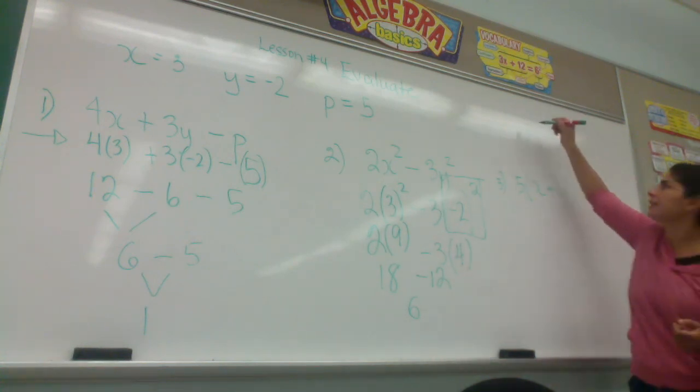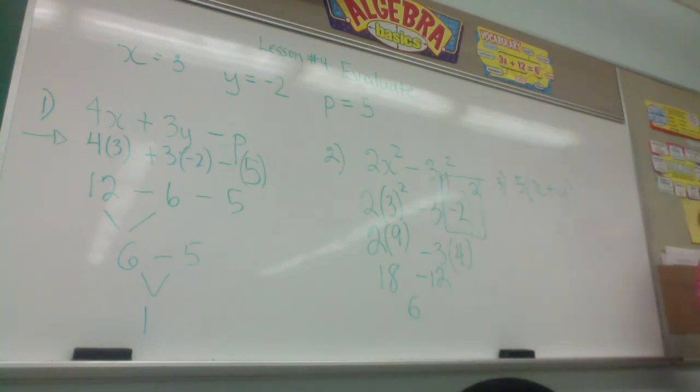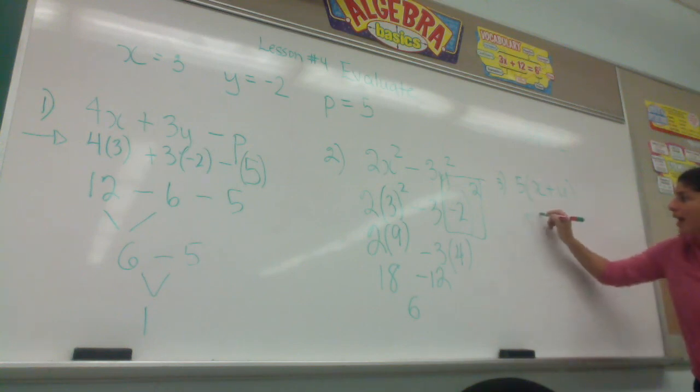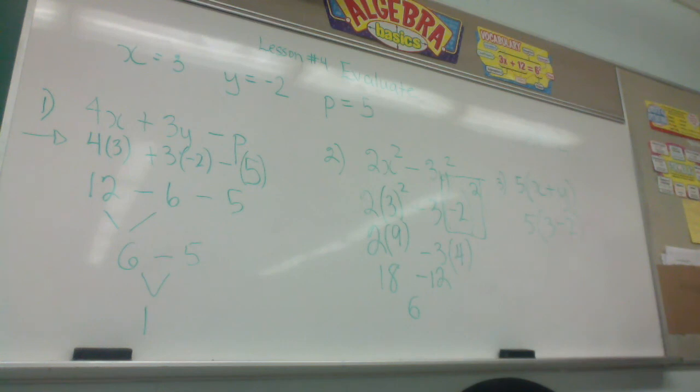I could do this and this, but it's not a multiplication, so I don't really need them. It's really 3 minus 2. It's actually 5 times 3 minus 2. Now life is easier. We're back to 3 minus 2. Oh my God, I know what 3 minus 2 is. It's 1. 1 times 5, final answer, 5.